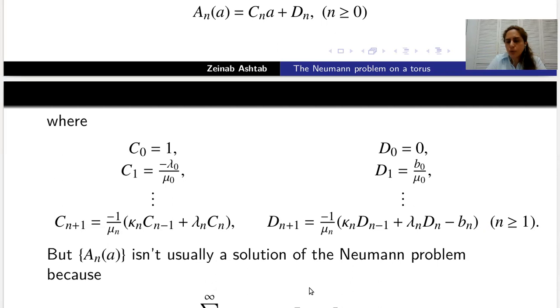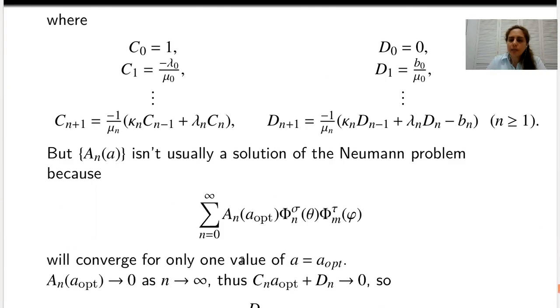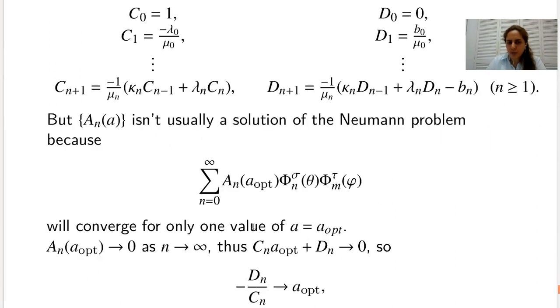Also, D naught is equal to 0, D1 is equal to B naught over mu naught, and so on. But the calculation of this capital A n of A is not usually a solution of the Neumann problem, because these summations will converge for only one value of A that we denoted by A opt.